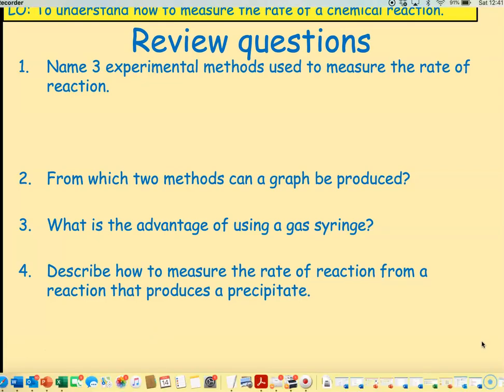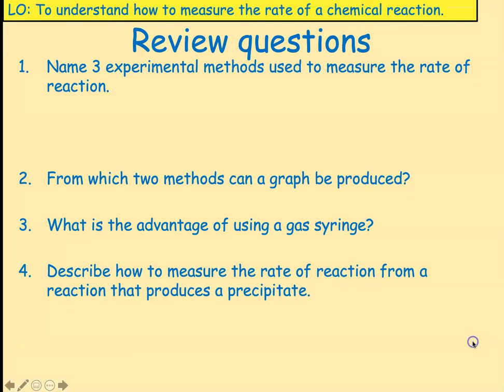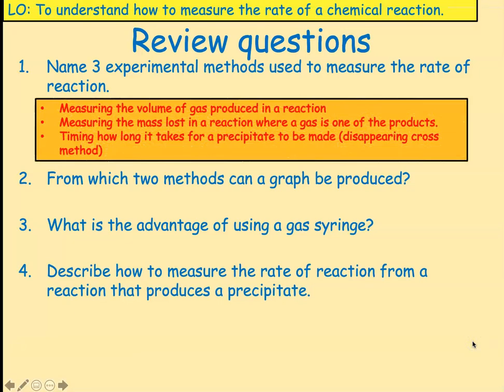Okay, welcome back. Right, the 3 experimental methods used to measure the rate of reaction are measuring the volume of gas produced in a reaction, either with an upside down measuring cylinder or a gas syringe, measuring the mass lost in a reaction where a gas is one of the products using a mass balance, and timing how long it takes for a precipitate to be made, something we call a disappearing cross method.